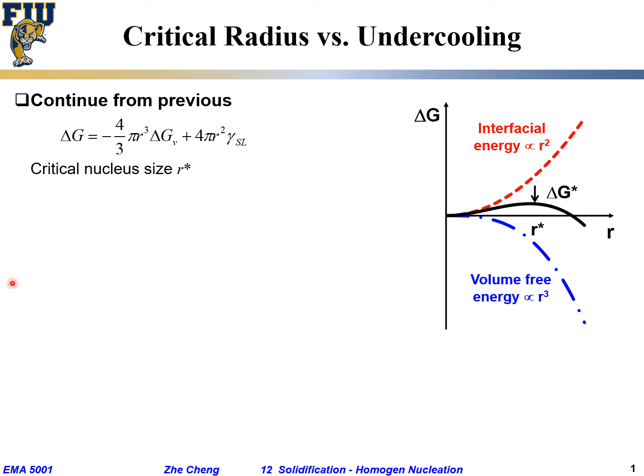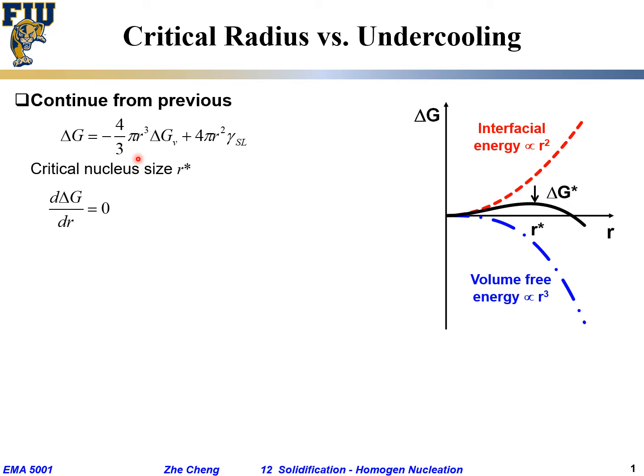In order to find the so-called critical nucleus size, which is the maximum, mathematically, how do you find the maximum? Well, the red and the blue add up together to be this black one. And to find the local maximum, we just need the first derivative, d delta G with respect to the radius, to be 0. And how do we do it? Very simple, right?